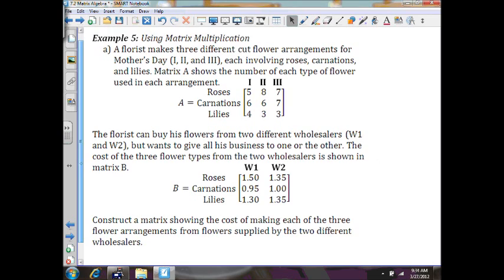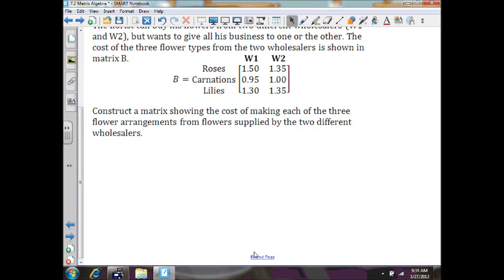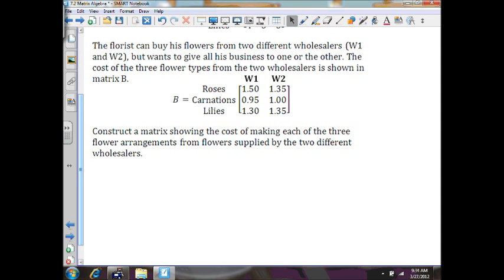Now it says, construct a matrix showing the cost of making each of the 3 flower arrangements from flowers supplied by the 2 different wholesalers. So the way we're going to do this, we need to make sure the columns of matrix A will match the rows of matrix B. So that means we're going to have to flip matrix A on its side a little bit.